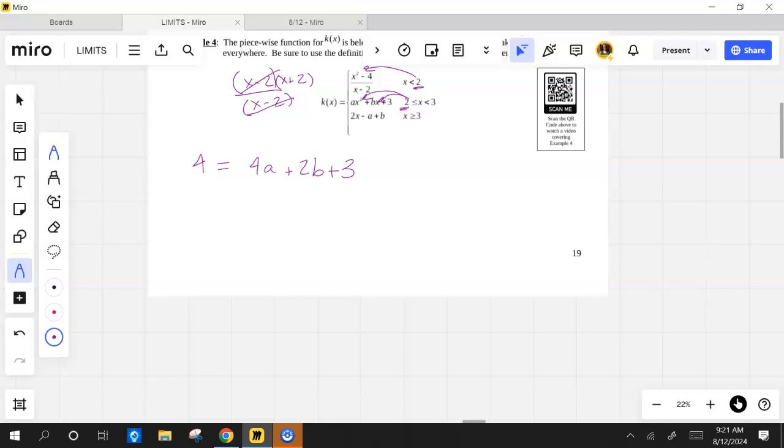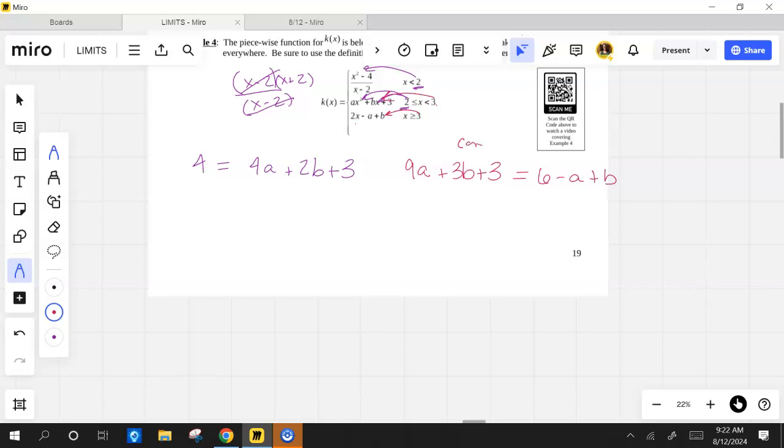I have 2 unknowns. I don't know what to do, so I'm going to move on to the next thing. I also know that when I plug 3 in here, I better get what happens when I plug 3 in here, right? So 3 in here would be 9a plus 3b plus 3, and that better equal 6 minus a plus b.